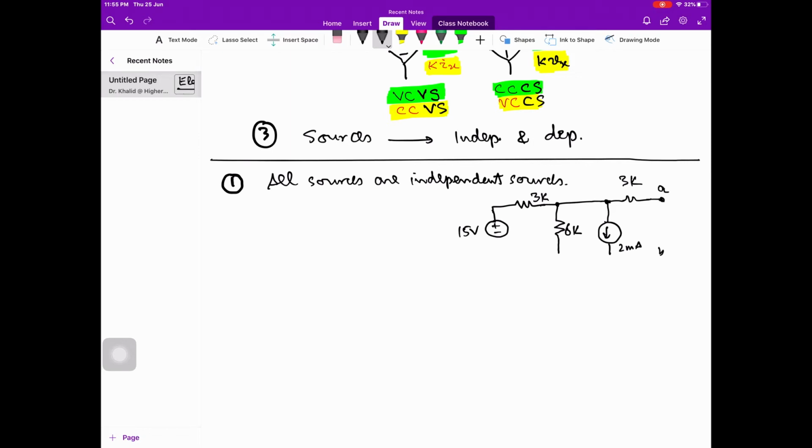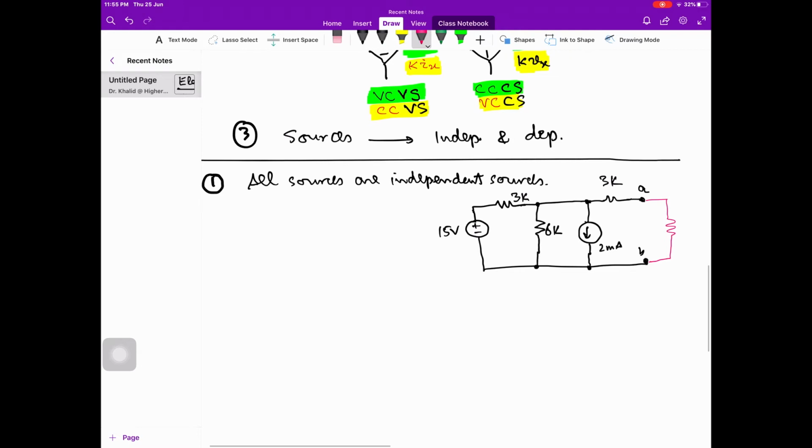We use the labels A and B for these two nodes over here. And say we have some load over here, and initially, in order to keep our discussion simple, we will say a single resistance. Now in the analysis, we can find the voltage across this load resistance and current through this load resistance.